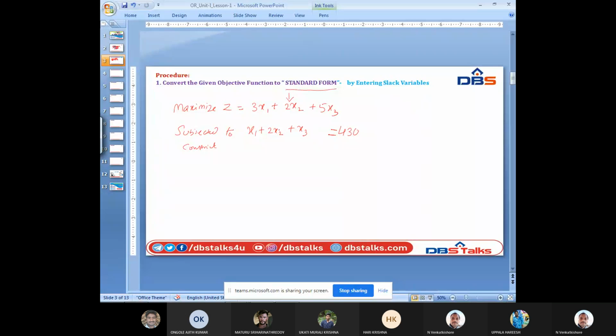So how are we equating? This term is actually less than 430, so to equate we have to add something, which we call a slack variable. If you consider the x1 plus 2x2 plus x3 value, it may be 400, for example. So 400 is less than or equal to 430.